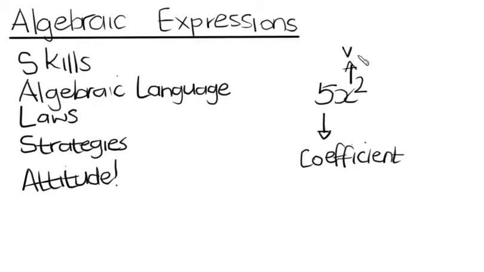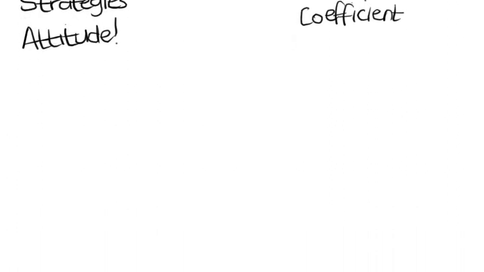So x represents our variable, and our variable can be represented by any letter of the alphabet. The 2 over here represents our exponent. Great. So once we have that sorted, we can move on.